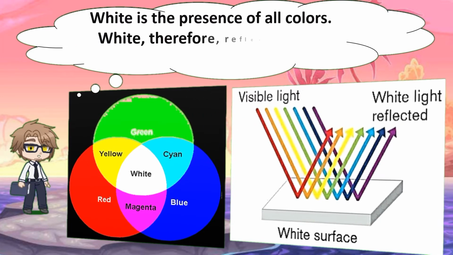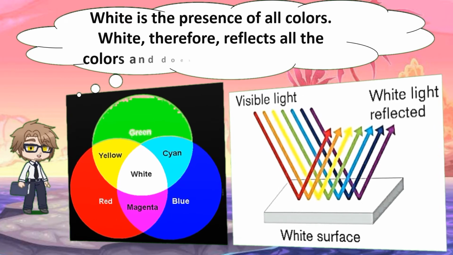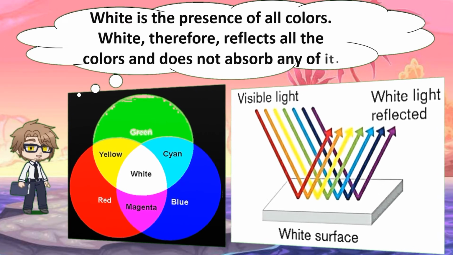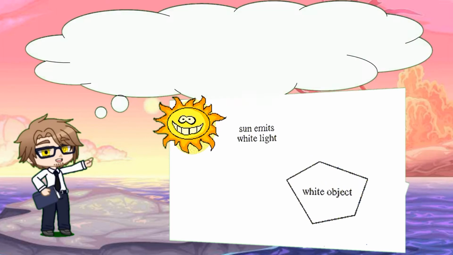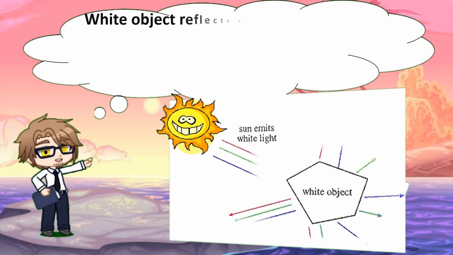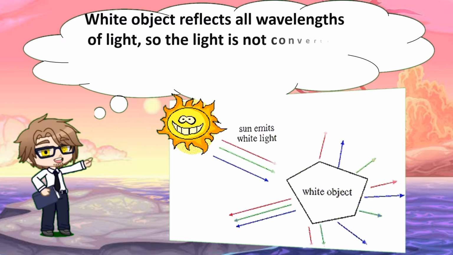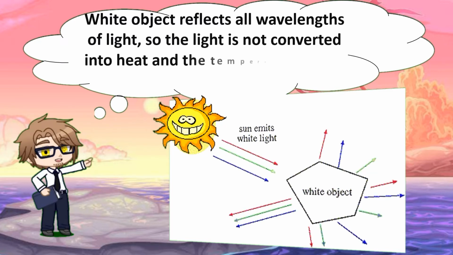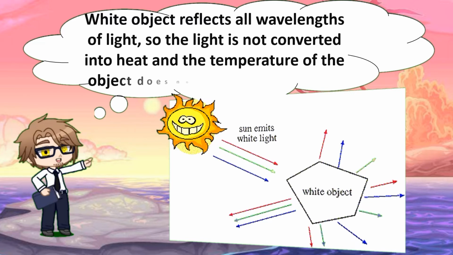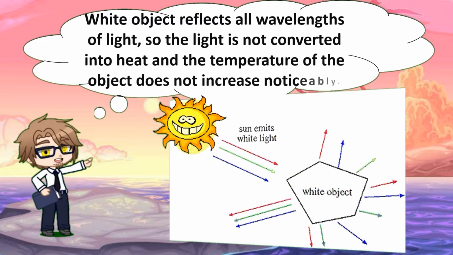White therefore reflects all the colors and does not absorb any of it. White objects reflect all wavelengths of light, so the light is not converted into heat and the temperature of the object does not increase noticeably.